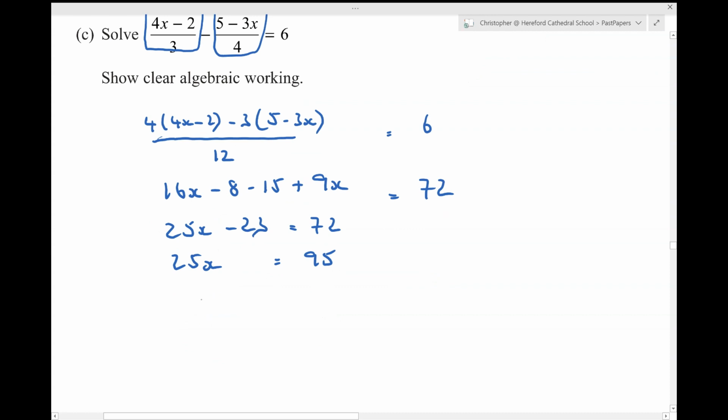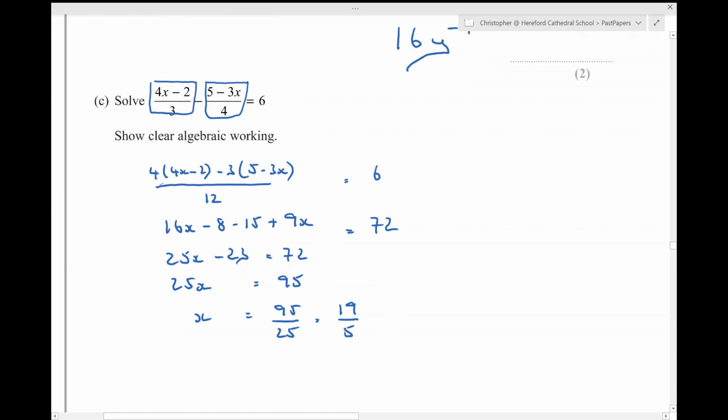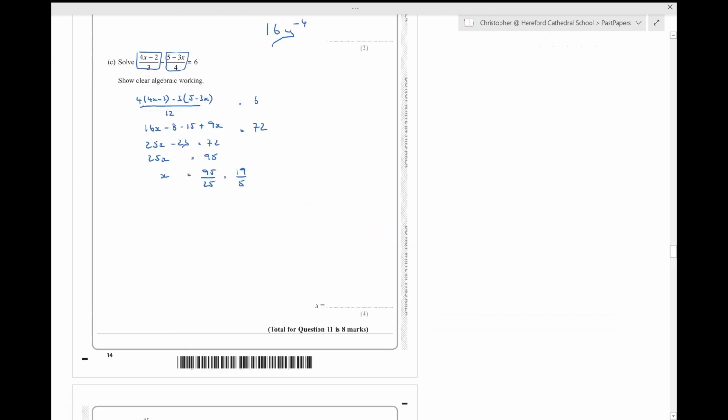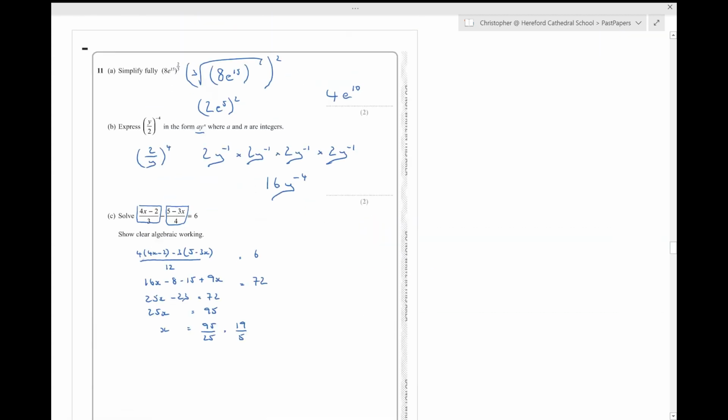Divide both sides by 25, gives me 95 over 25. And I could use my calculator, of course, to cancel that down. 95 divided by 25 is 19 over 5. And that is my answer to part C. And that is question 11 complete.